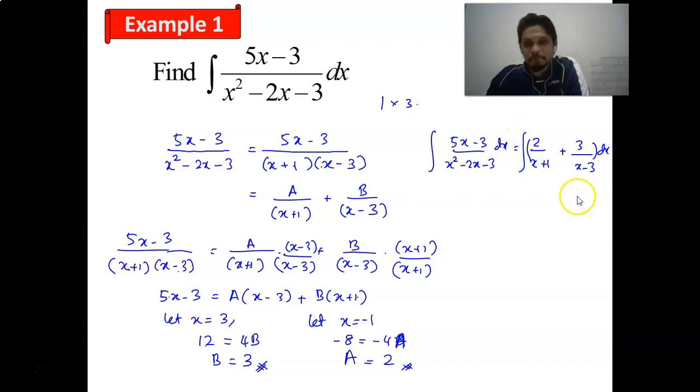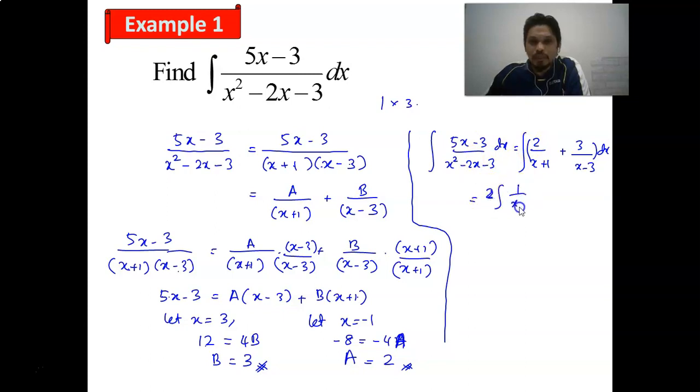So meaning here, the integral of 2 times the integral of 1 over x plus 1 dx plus 3 times the integral of 1 over x minus 3 dx.